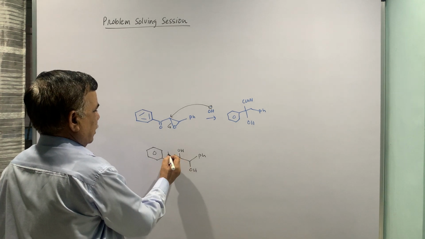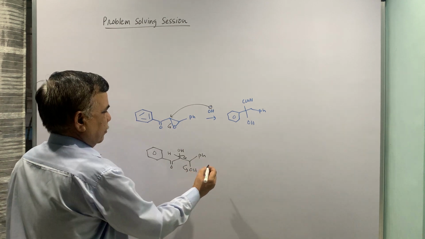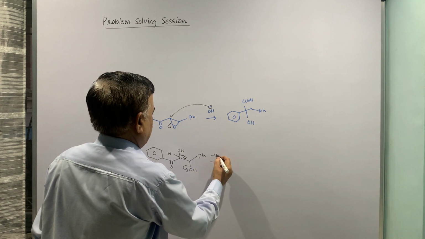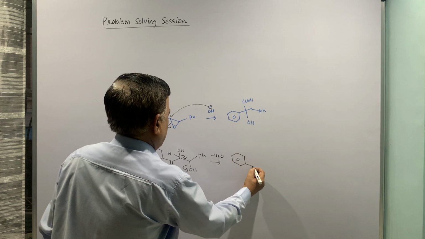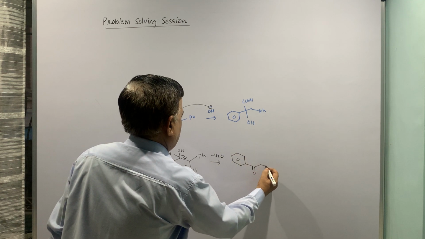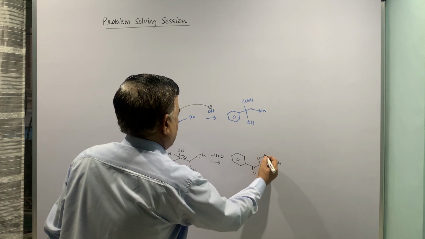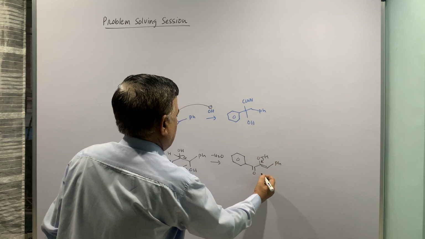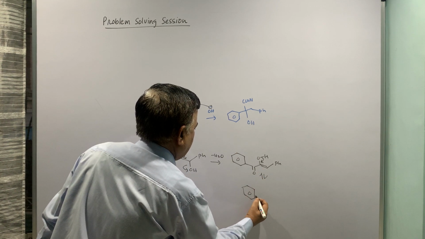Then loss of water can give you, through keto-enol tautomerism, the 1,2-diketone.